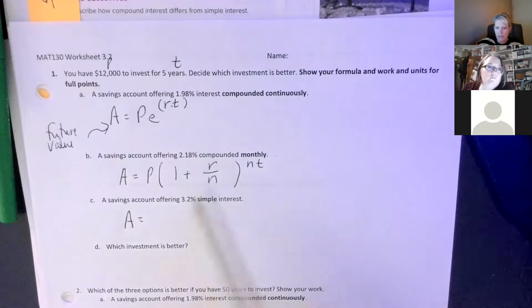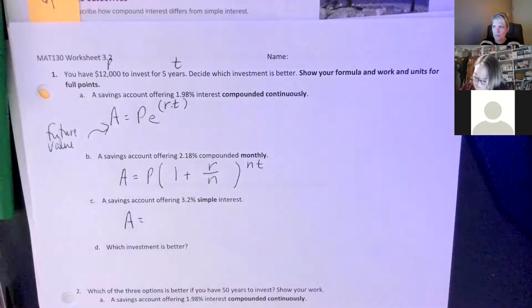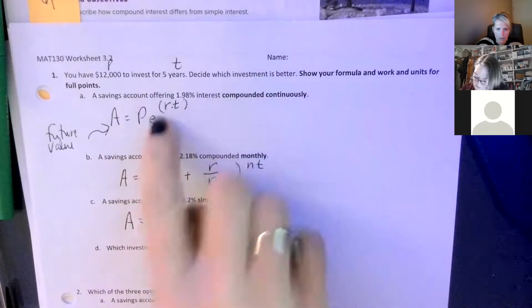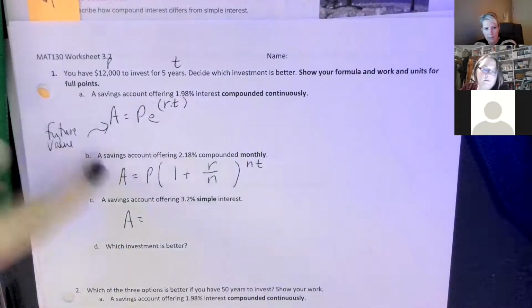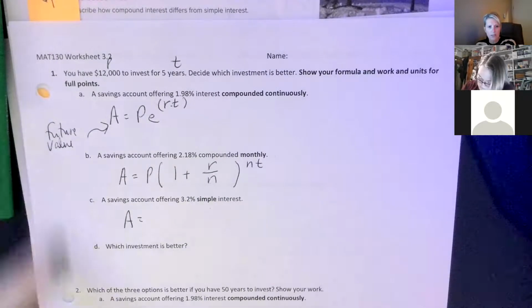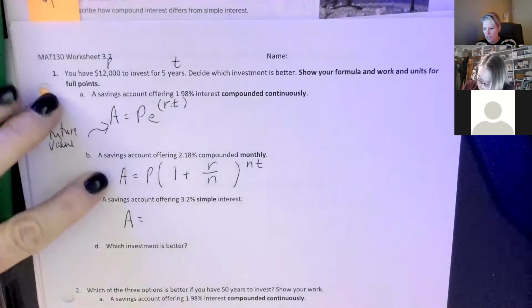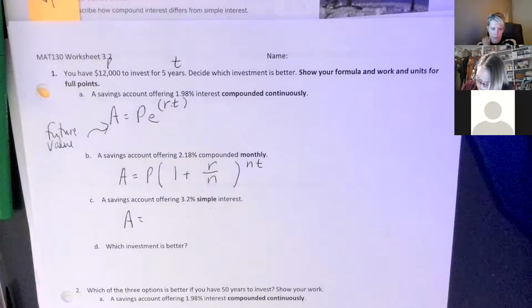So obviously you have to fill in the numbers here, but I'm trying to give people help with that. Did I answer your question about using the formulas? Yeah, I think you did. Okay, so we're trying to solve for A in each of these pieces. Once we find A, the future value for continuous compounding, monthly compounding, and simple interest, then we can decide which one is a better investment.